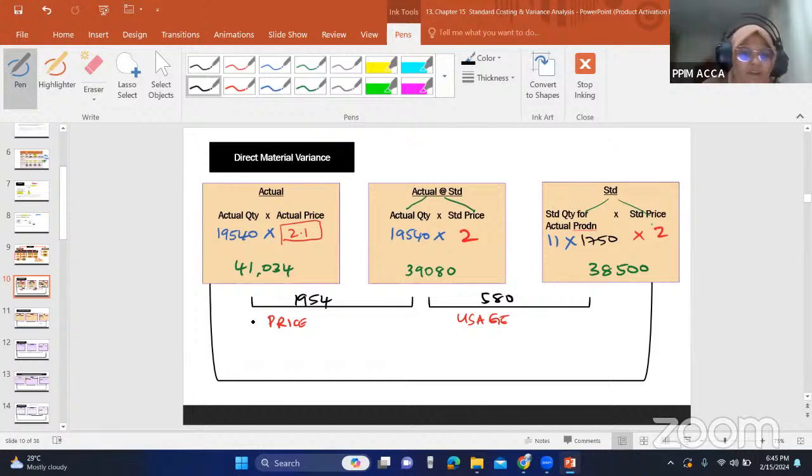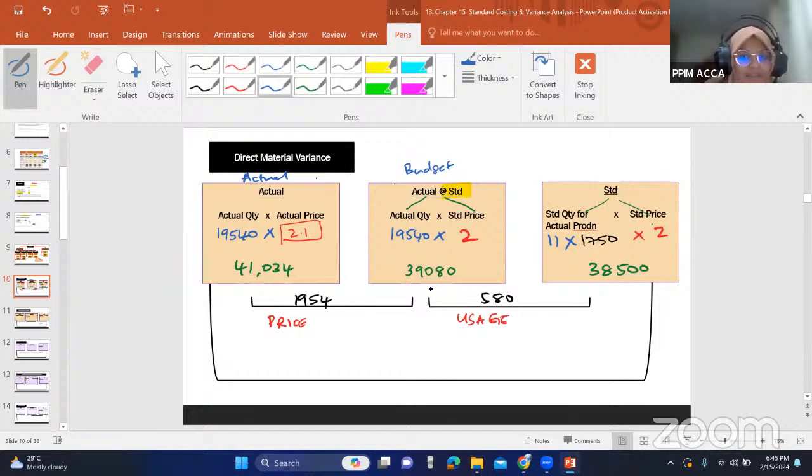Okay. Now, for this 19,540, these 2 boxes now. This is the actual at standard box. So, although it has a little bit of actual, it has at least a little bit of standard as well. So, this can be considered as the budget. Whatever is in this box, it can be considered as the budget. This is entirely actual data. So, this can be considered as the actual. Now, think about it.